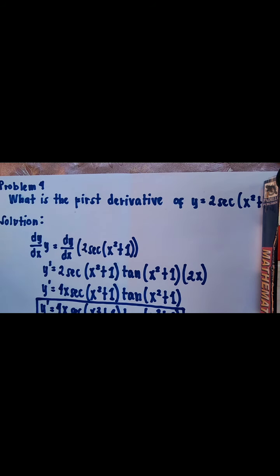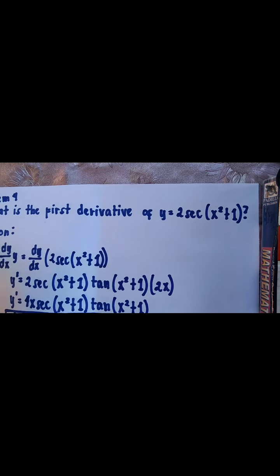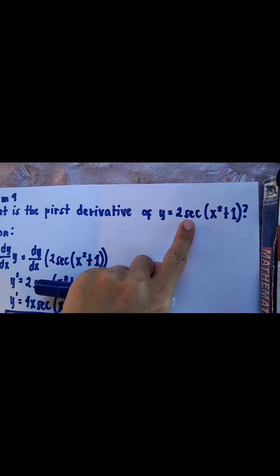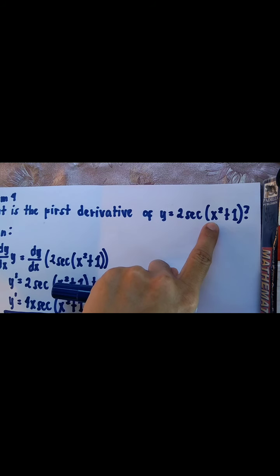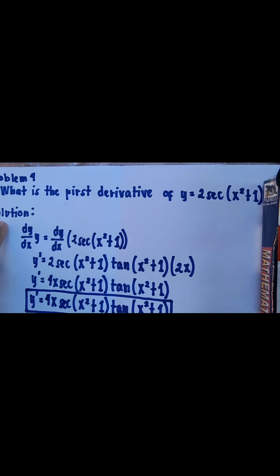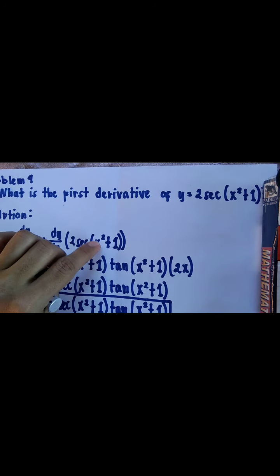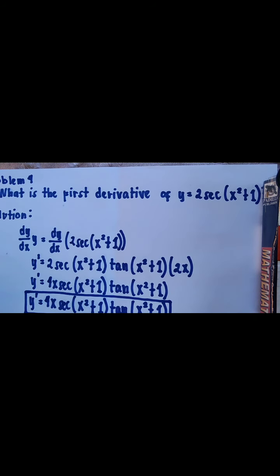Problem number 4. What is the first derivative of y equals secant of (x squared plus 1)? So again, here's our solution. The derivative of y, dy over dx of y, equals dy over dx of secant of (x squared plus 1).